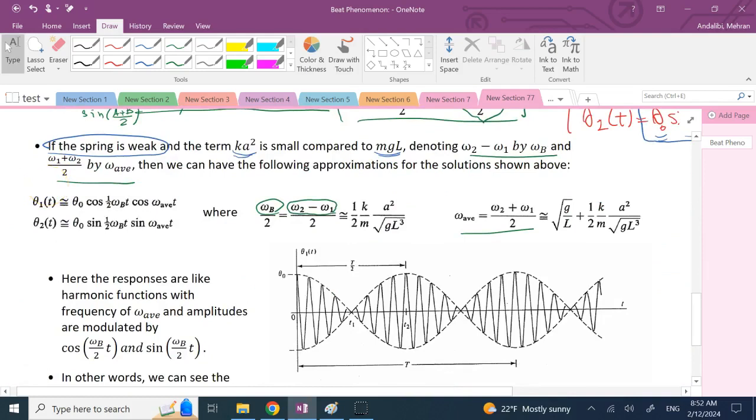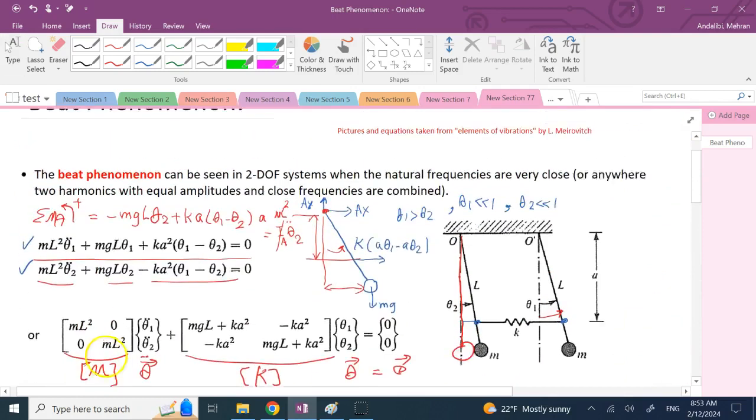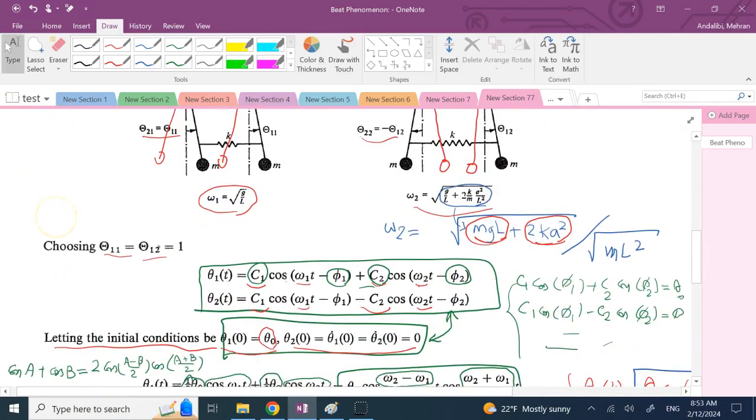And you can approximate your omega average. If you do a Taylor expansion, you can approximate your omega average by square root g over L, which is the frequency of a single pendulum, plus this extra term. And omega b, which is the difference, you can approximate by this. Okay, you can do a Taylor approximation and just go with the first term. So when we say neglect, not really neglecting is what we're talking about. It's just approximating.